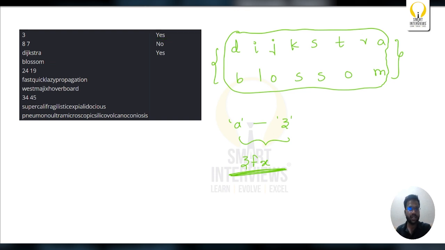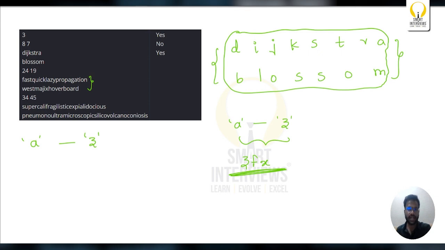Similarly, coming to the next test case, we got no. That means all the characters from A to Z are present in both strings. Right. If you observe carefully, all the characters starting from A ending till Z are present in the combination of S1 and S2.